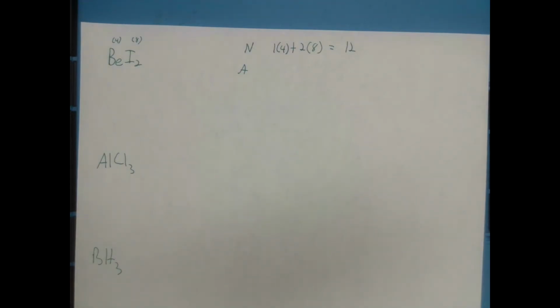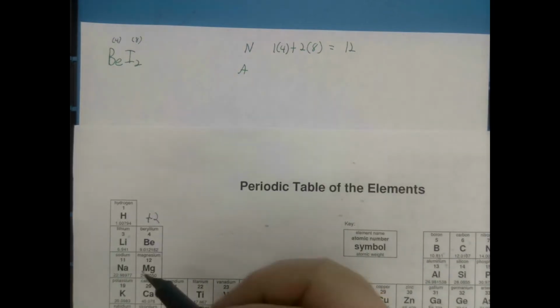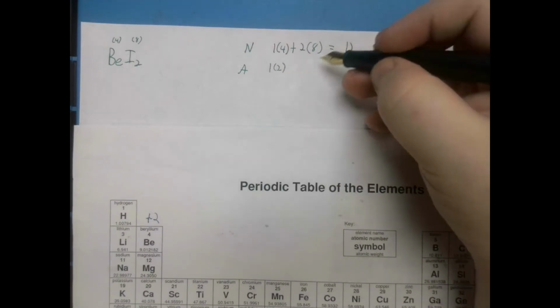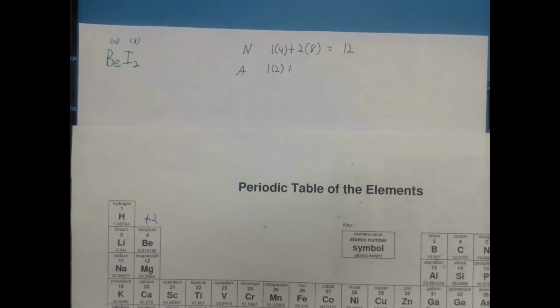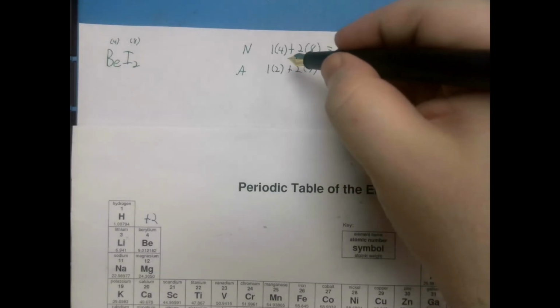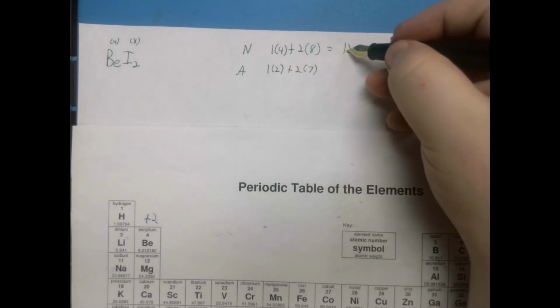Where's my periodic table? So beryllium only has 2. Iodine has 7. So 14 plus, that's not 12.